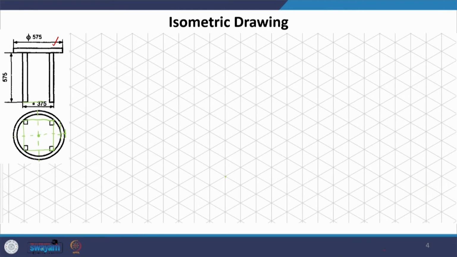This is the bottom point of the axis and this is the top point of the axis. Say O, O dash. I will first draw this O, O dash. So, this is the axis that we are taking. Now, we will draw the top 2 circles first.